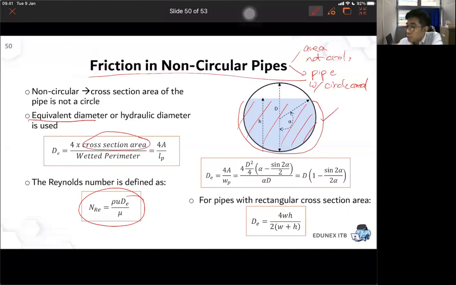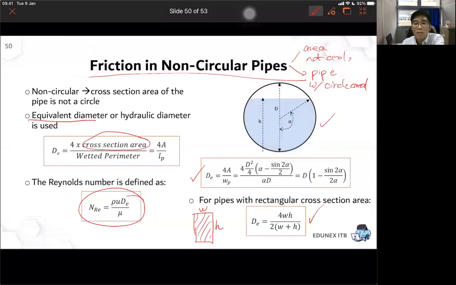For example, for this one, somebody has already derived it. Just believe it. If not, then you can derive it by yourself. For this one, the equivalent diameter will be this one. Or if you have a pipe with a rectangular cross-section area, like this one, with this size, and it's full like this, then the equivalent diameter will be this one.